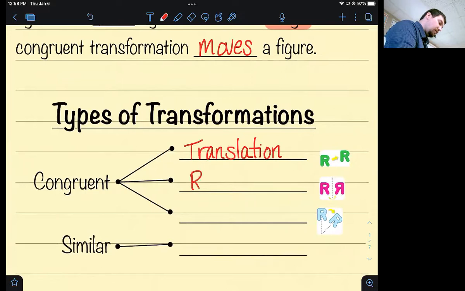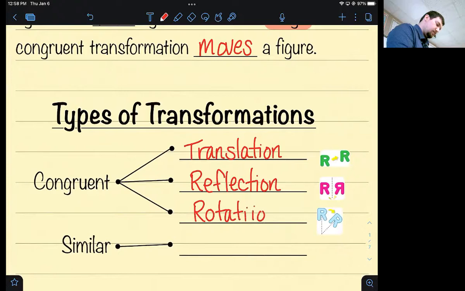Tomorrow we'll talk about reflections, which will flip the figure over a line. And then on Monday, we'll talk about rotations, which is going to turn a figure. So those are the 3 ways it's going to move.